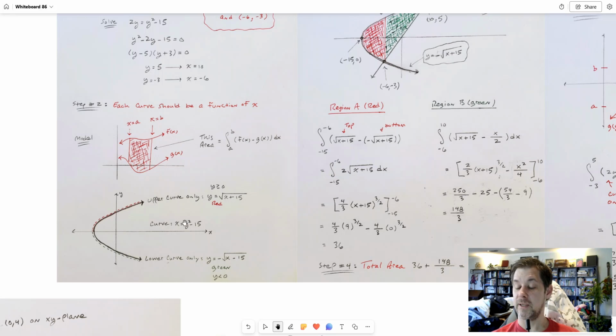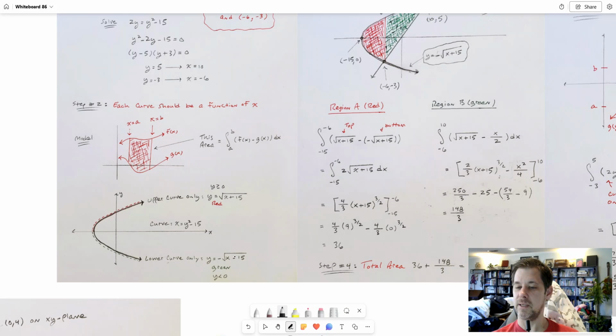When you solve for a square, you take plus and minus root of the other side. So that divides it into two different curves, two different equations. When you have the positive root, you get this one on top there, which I've outlined in red. So this portion of the curve, the upper curve, is y equals positive root x plus 15. That'll get you this upper half and the upper half only. Solving for the negative root, which you see here outlined in green, you get y equals negative root x plus 15. Oh, that's going to bother me.